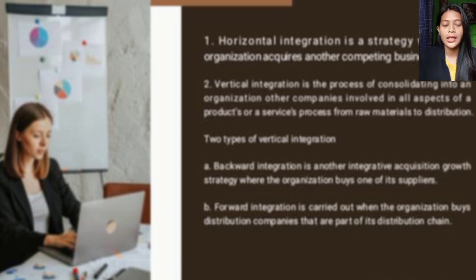Second is vertical integration. Vertical integration is the process of consolidating into an organization other companies involved in all aspects of a product or service process, from raw materials to distribution.